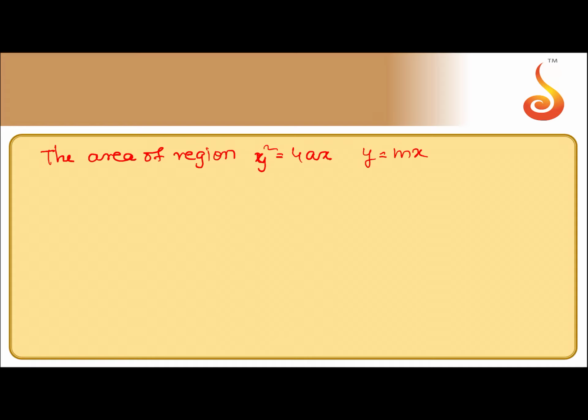Sorry for the inconvenience, it will be 8 a square by 3 m cube. Area of the region for y square is equal to 4ax and y is equal to mx is 8a square by 3m cube.